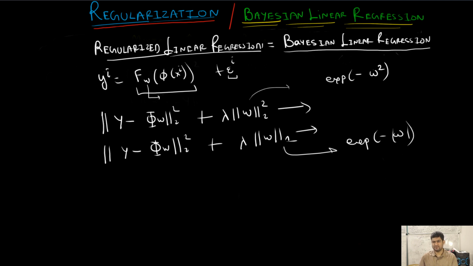So as we can see, when the w is large, both will be very small, and the resultant probability of w having that value would be very small. So this would penalize the objective function to decrease the value of w, right?